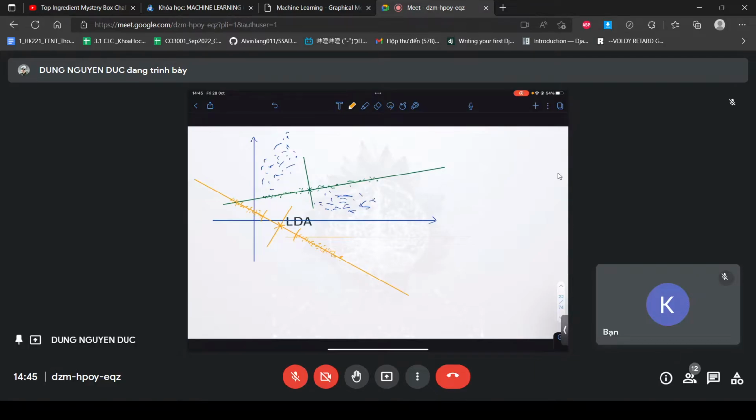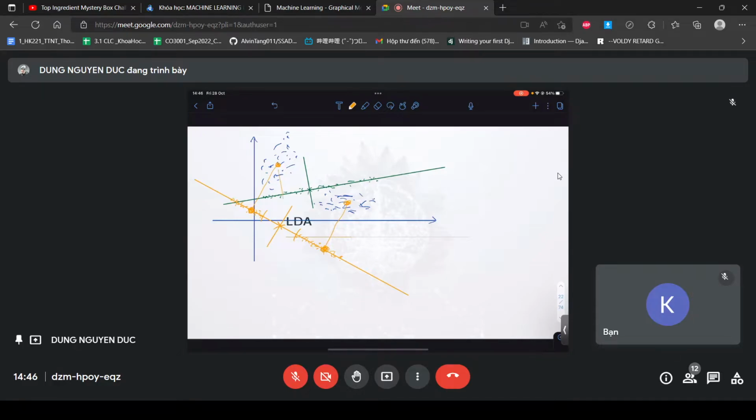Okay. All right. So look at this example. What do you see? Well, if you see the mean of class A and the mean of class B, now when they are projected onto the new dimension for the orange direction, you will see they are far from each other.